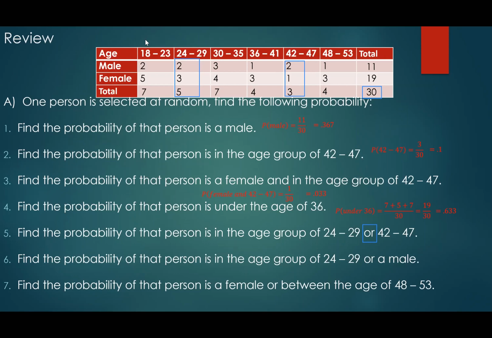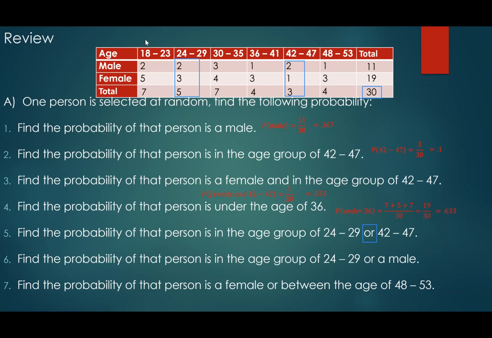So looking at this, reminder, this is what you ask yourself, or what I told you last time: do I have one particular person who is 24 to 29 and also 42 to 47?